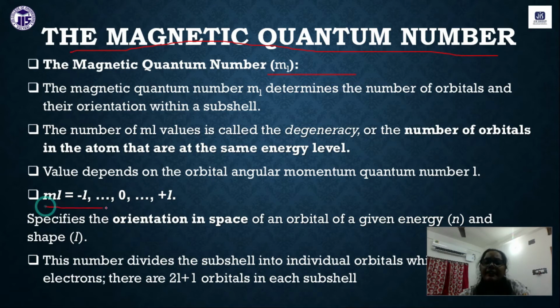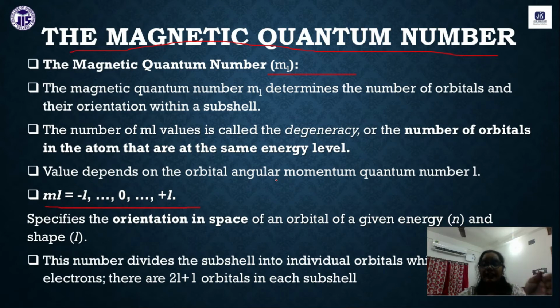Okay, and this ml value should be minus L to 0 to plus L. If L value is 2, so the ml value, the magnetic quantum number will be -2, -1, 0, +1, +2, like this.